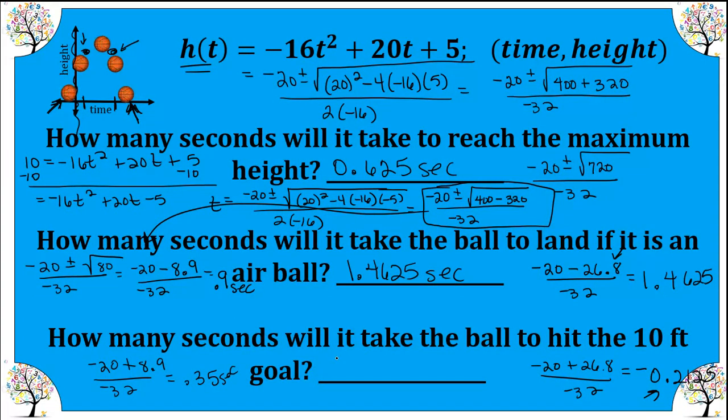So I have two answers. To hit the 10-foot goal, I would say 0.9 seconds, if the goal was here. But being in the air, it's at 10 feet at two different times, 0.35 seconds and 0.9 seconds.